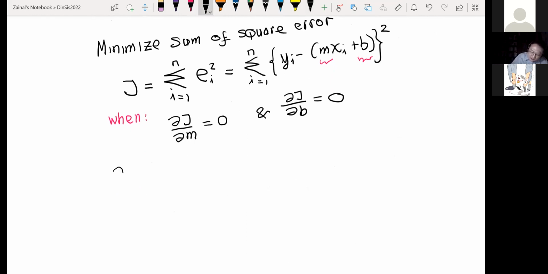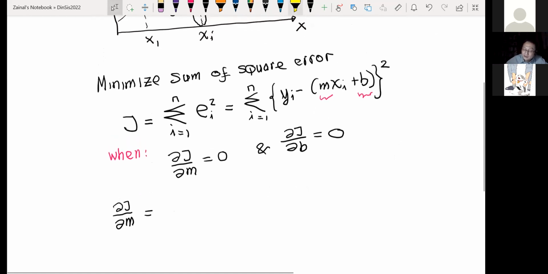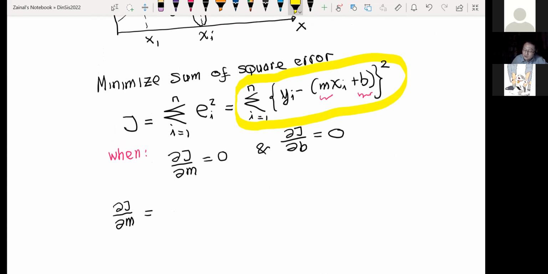Now apply this one. Partial J over partial m is equal to 0. When you derive this equation, the 2 moves to the front: yi minus mxi plus b, to the power 2.